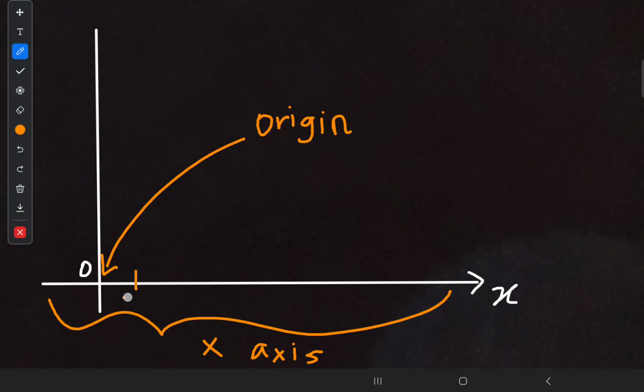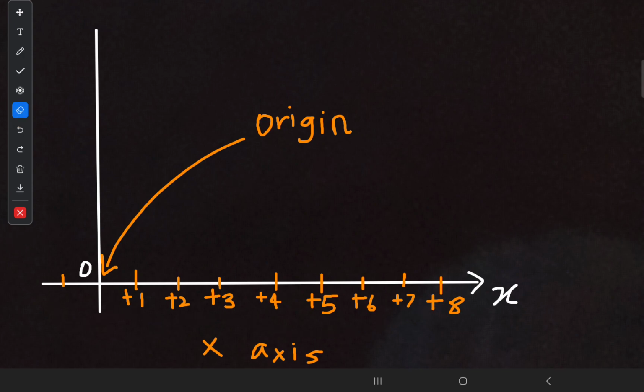Then let's mark our numbers. With respect to this 0, we mark our positive values: positive 1, 2, 3, 4, 5, 6, 7, and positive 8. On zero's left side, we will have our negative values. For explanation, I'm using only one value here.